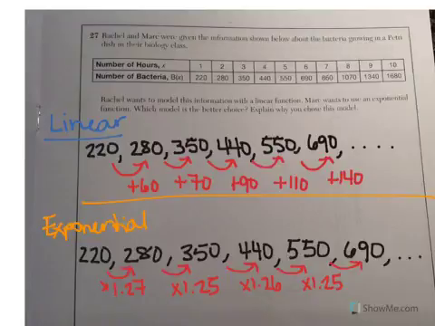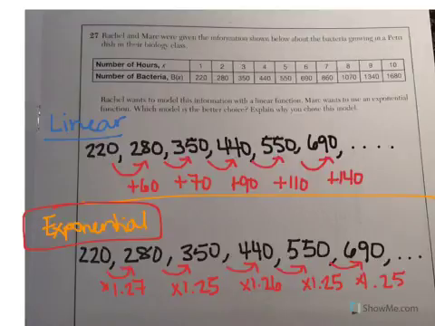And 690 divided by 550, I'm getting 1.25 that I'm multiplying by. So if we look, it seems that our exponential model would be the better choice because the number that we're multiplying by each time is very similar. It's almost exactly the same number each time.